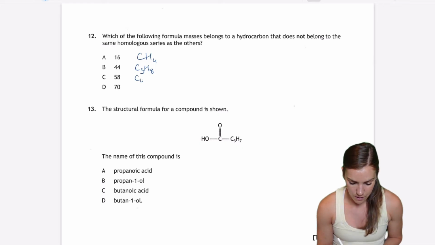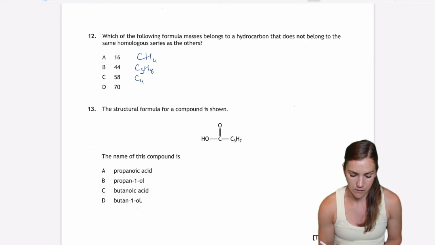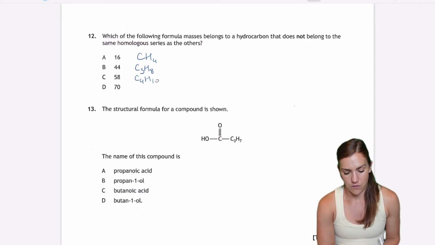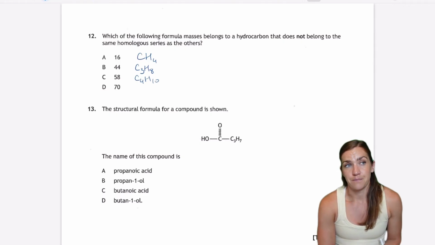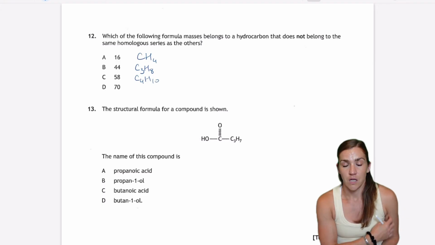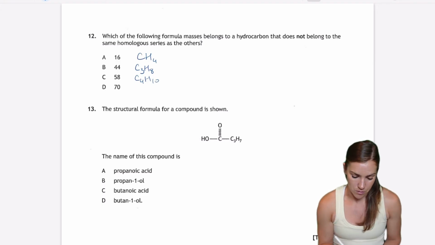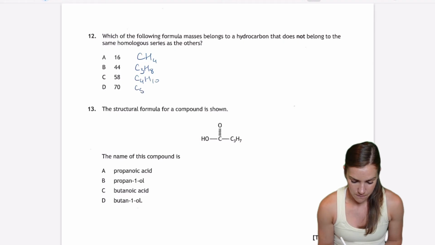So 4 times 12 is 48, which would leave us 10 hydrogens. And then for a mass of 70, this is really working my 12 times table here, 6 times 12 is 72, so it's not going to be 6 carbons, it's going to probably be 5, which would be 60. So then that would be C5H10.